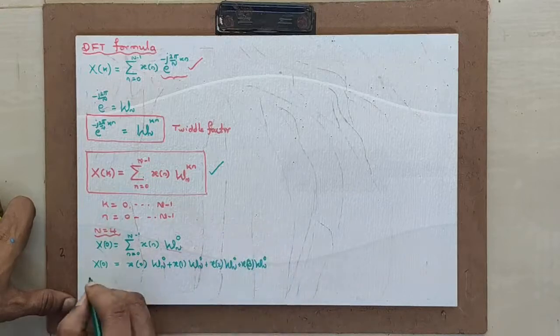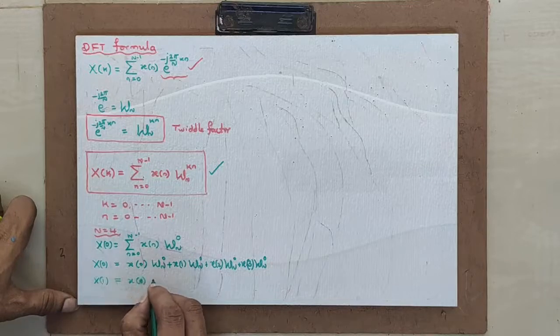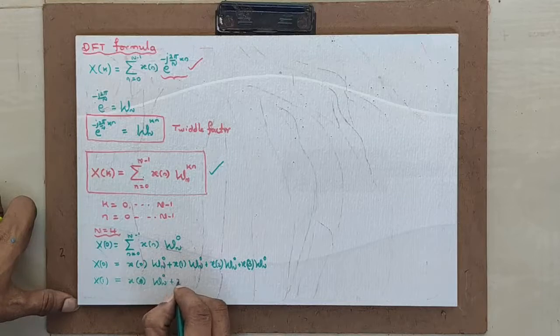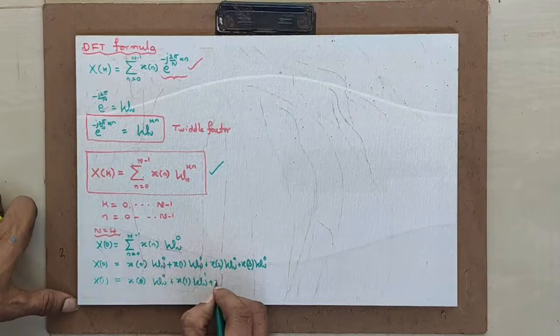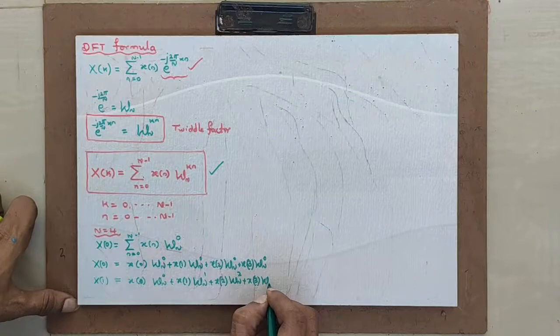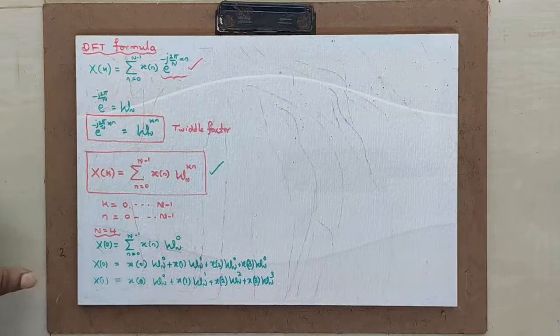I expanded like this. Similarly, x of 1 becomes equal to x of 0 Wn 0 plus x of 1 Wn 1 plus x of 2 Wn 2 plus x of 3 Wn 3. Like this I have expanded. You can expand till x of 3.